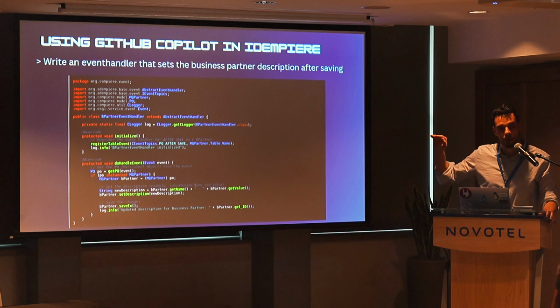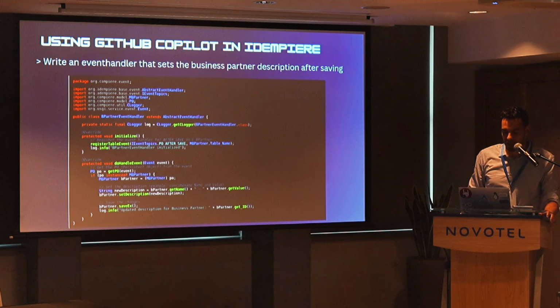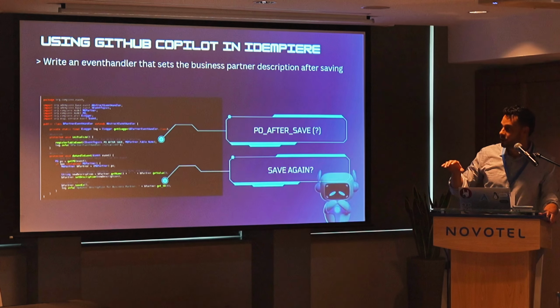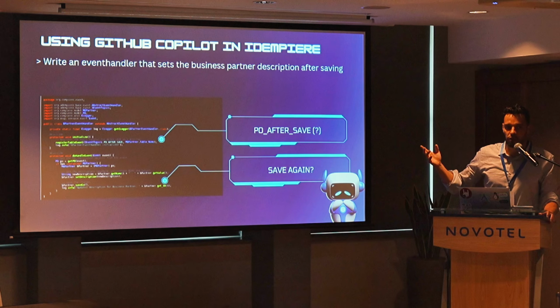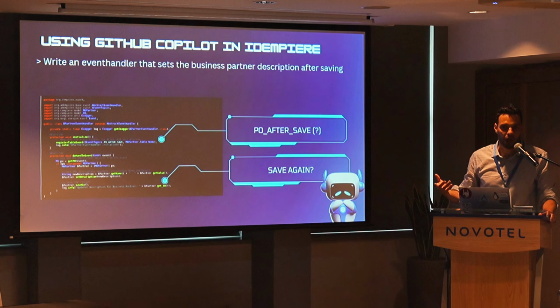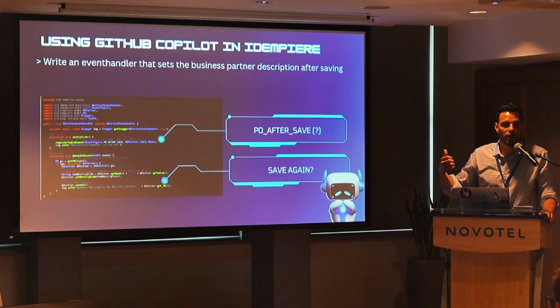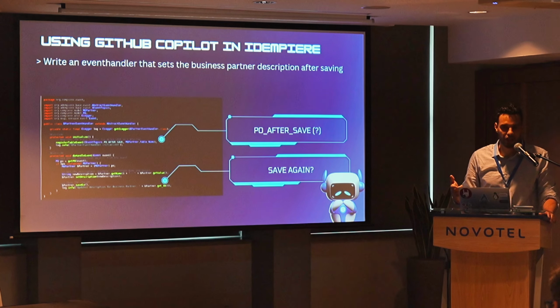It does a lot of good things and helps new developers code faster. But when you dig deeper, you see some errors. For example, it registers the event handler PO after save. That event handler doesn't exist. So when you try to run it in Eclipse, it will throw an error because that's not existing. When you want to save, you have to use before change or after save or after change.